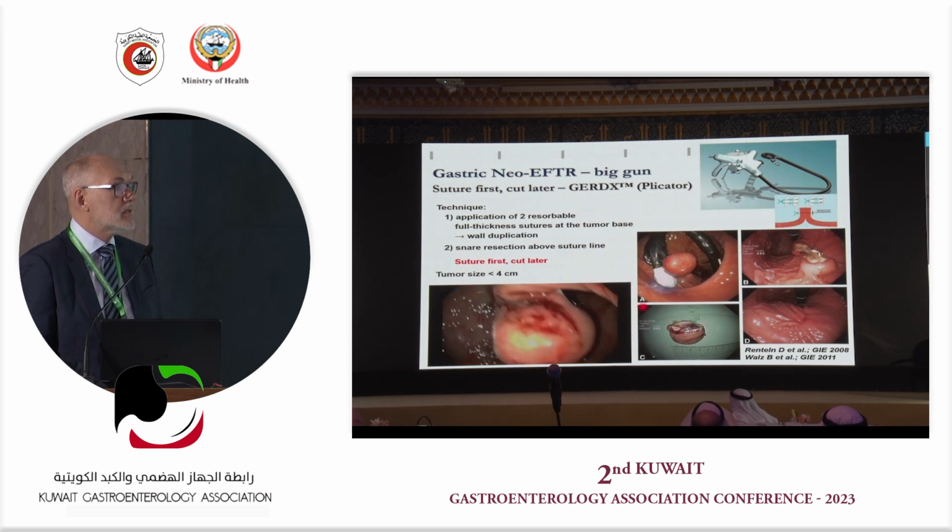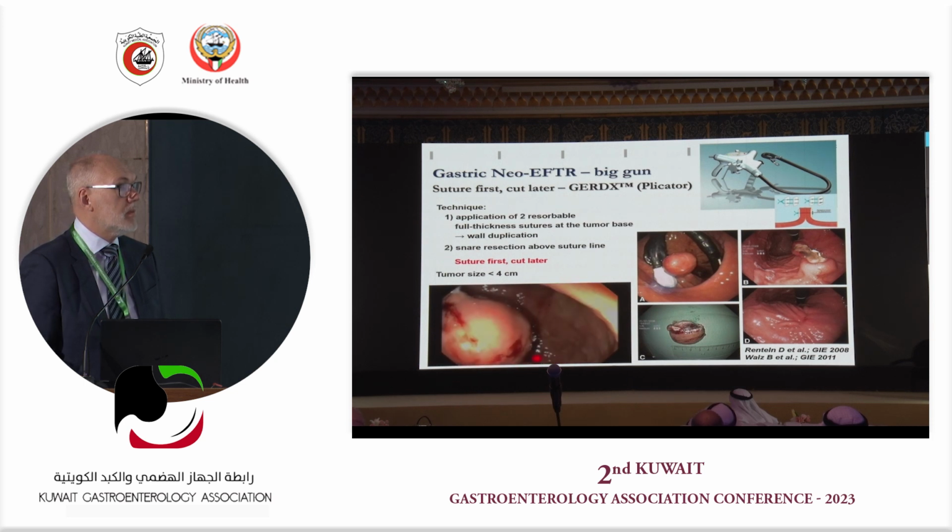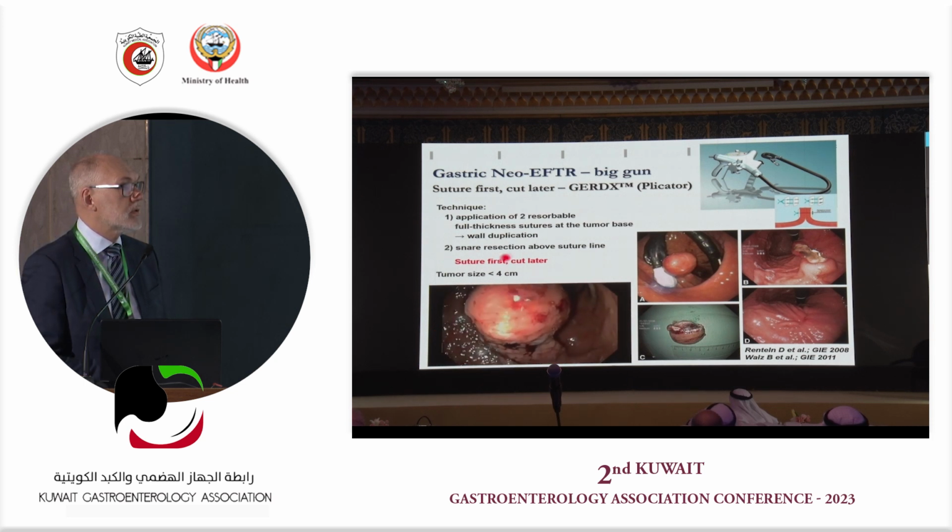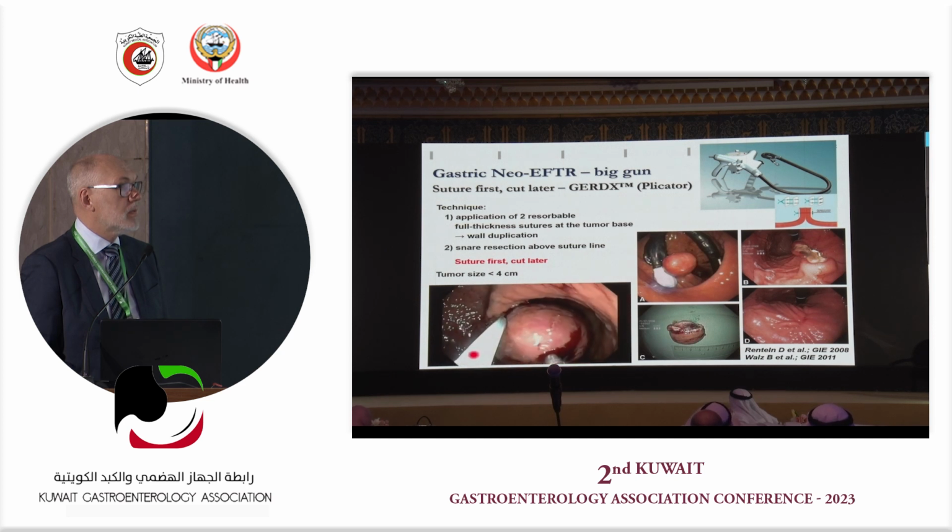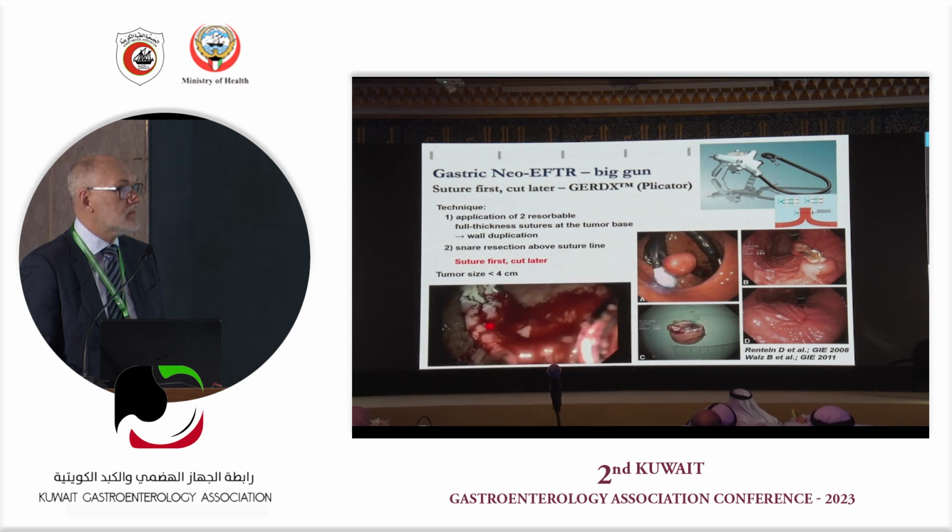And then you snare resect it with a double channel endoscope or an additional working channel attached to the endoscope, because you're using an endoscopic anchor, and resect it. You have sometimes a little bit of bleeding after it. You can stop it, of course, with a coagrasper.